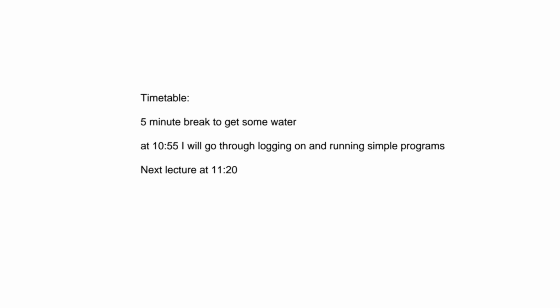Okay, hello everyone. What I was going to do is take you through logging in and getting some simple programs running. I will show you, for example, where the sheet is.